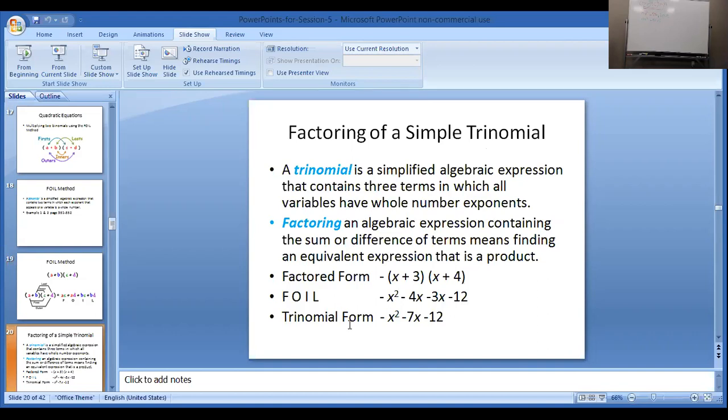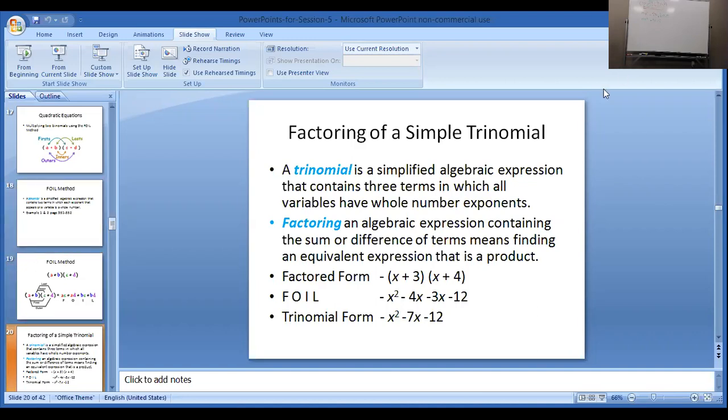For example, if you have a trinomial here, x² + 7x + 12, to make it in factored form, you're doing the reverse.